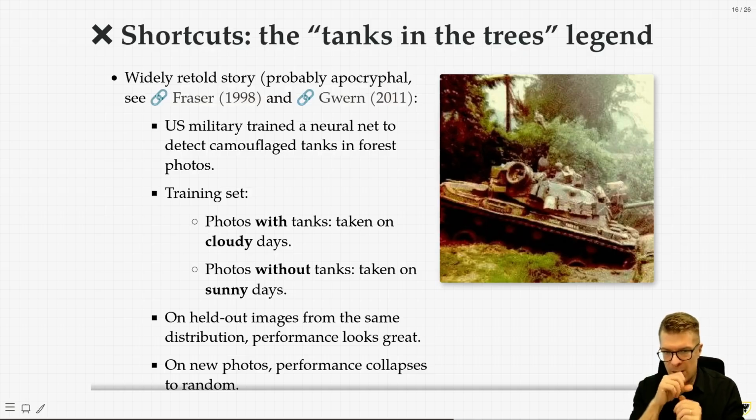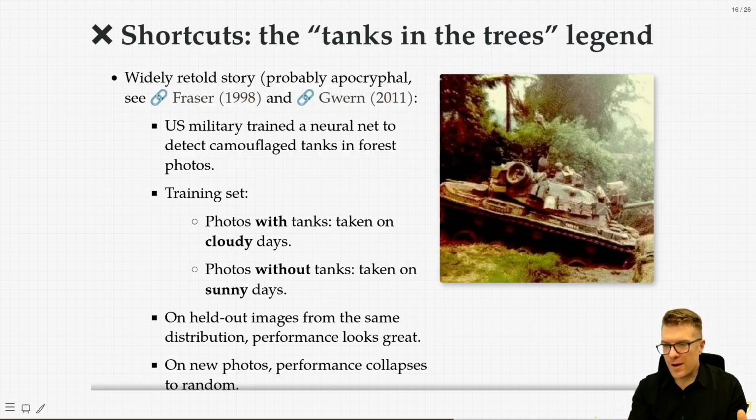In these links, they talk about photos being taken on cloudy days versus on sunny days. So in the training set in this story, photos with tanks were taken on days that were cloudy, and photos without any tanks were taken on sunny days. The version I heard was that the idea was to classify American tanks versus Russian tanks. At the time, the two countries were not friendly with each other.